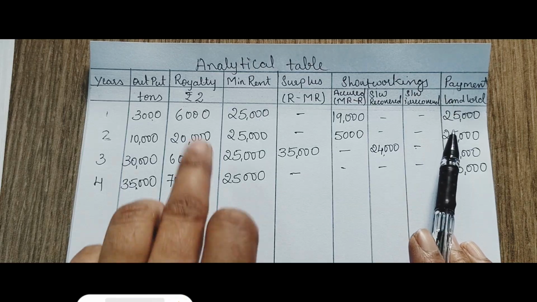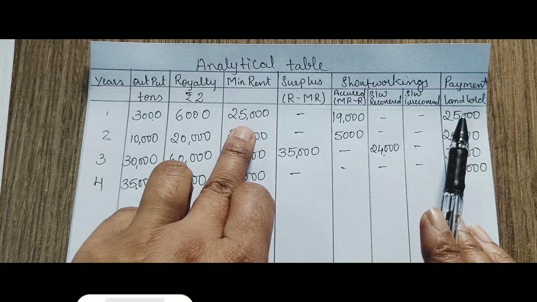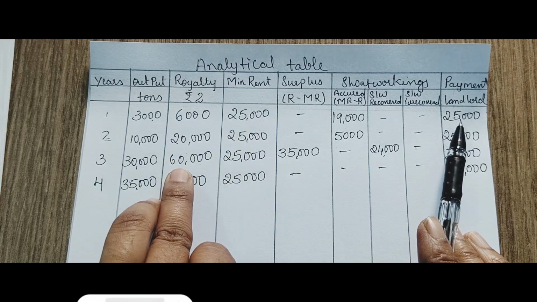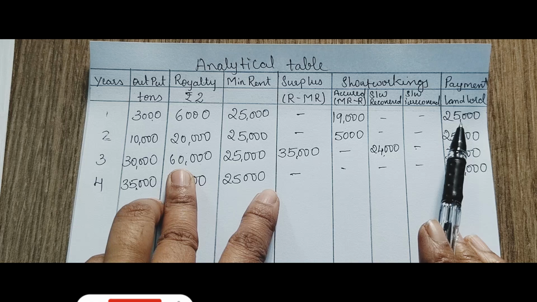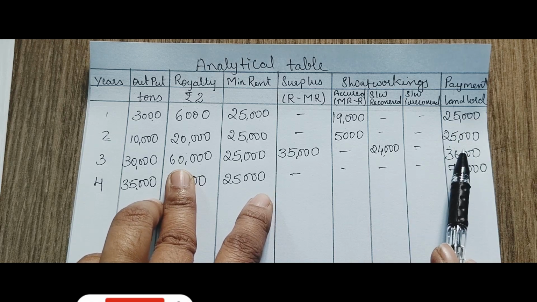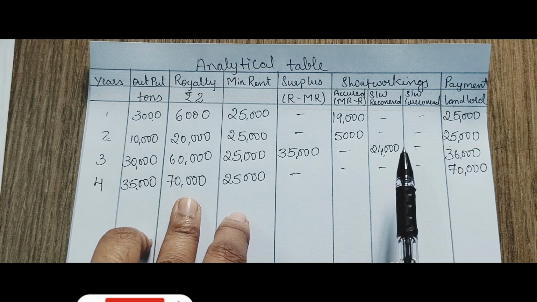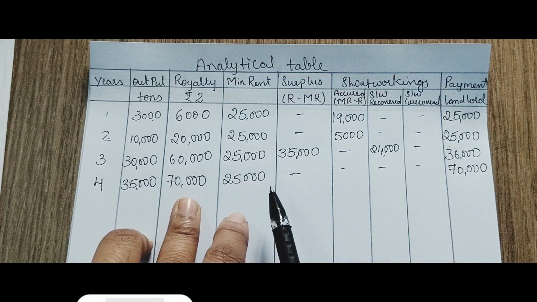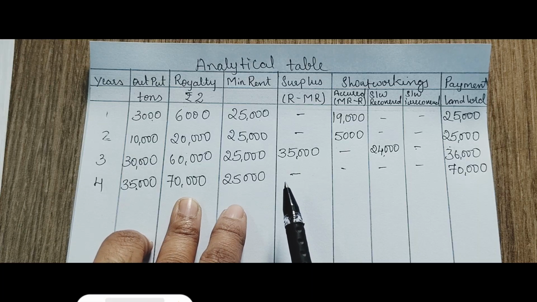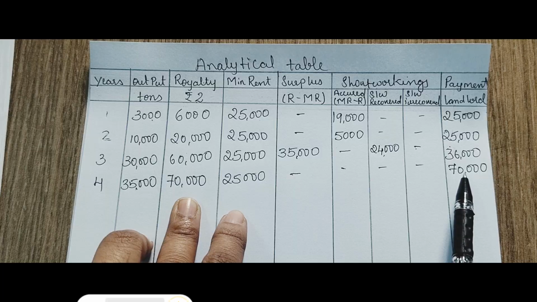And for payment to the landlord, when minimum rent is more than the royalty, the minimum rent will be paid to the landlord. Once the royalty is higher than the minimum rent, the recovered amount will be deducted and the remaining balance will be paid to the landlord. After the years of recovery, from the fourth year onwards, whatever the royalty amount is, because royalty is higher compared to the minimum rent, that will be paid to the landlord.